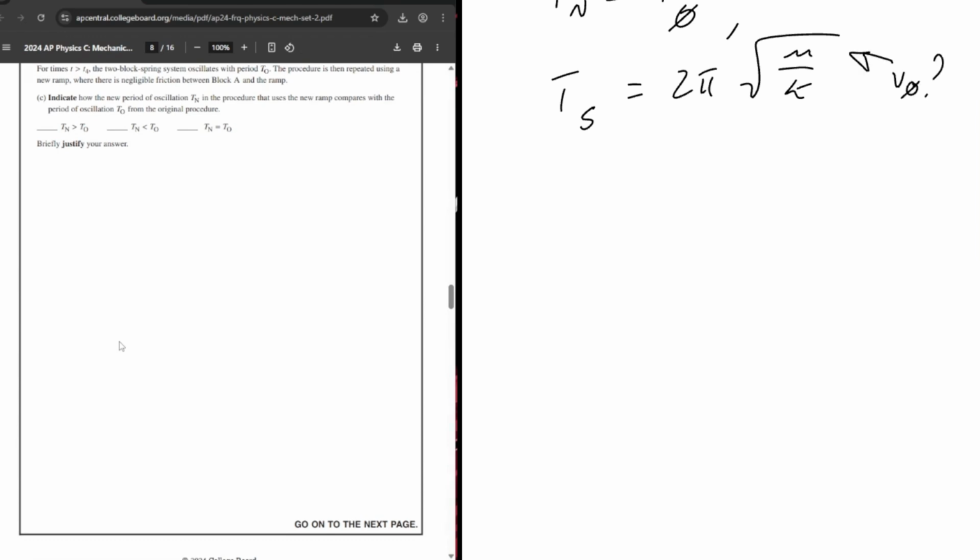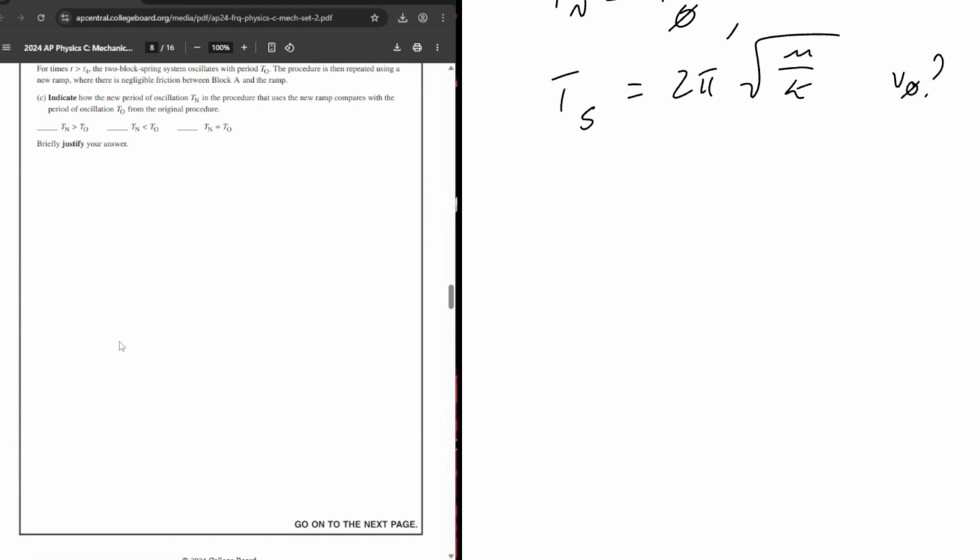Well, I'm going to answer this by saying T_new equals T0. The reason for that is because it's a spring, right? We have to think about the period of the spring, which is 2 pi square root of m over k. Now, do I see initial velocity anywhere in this?